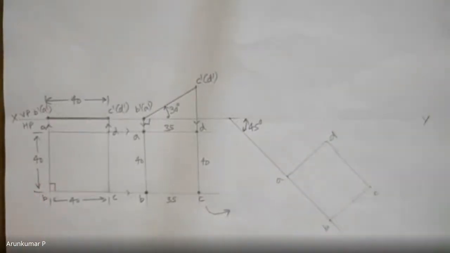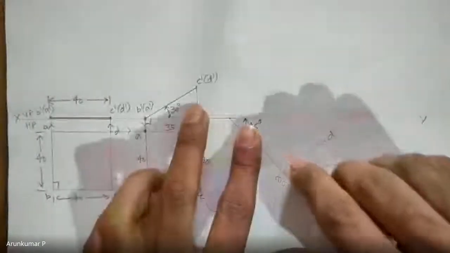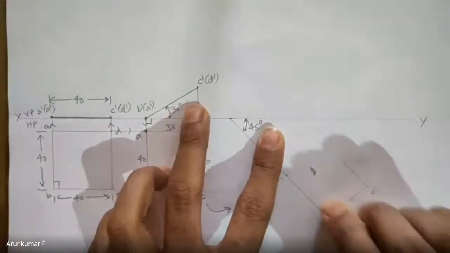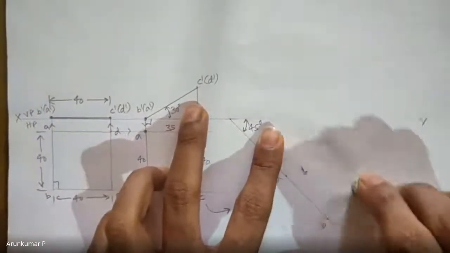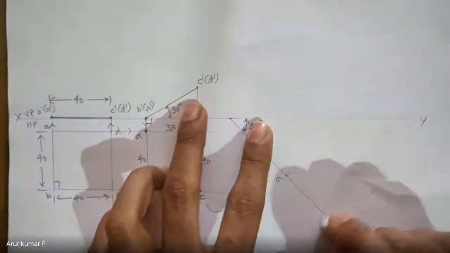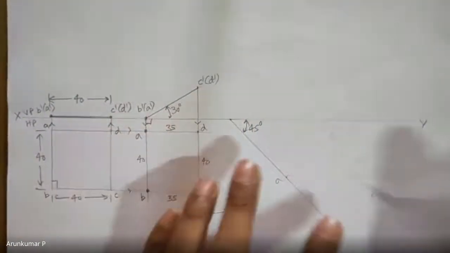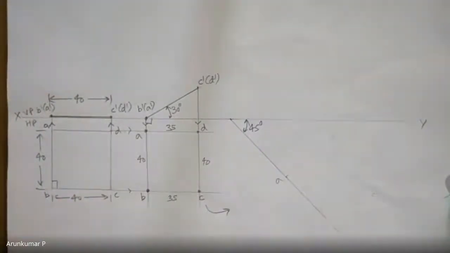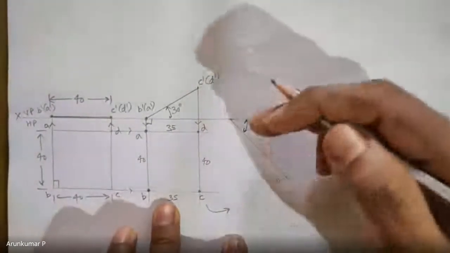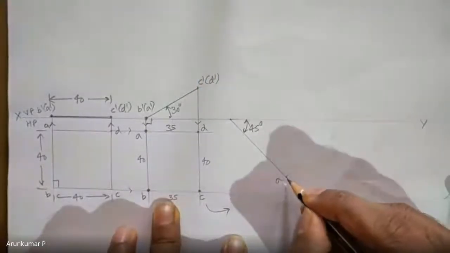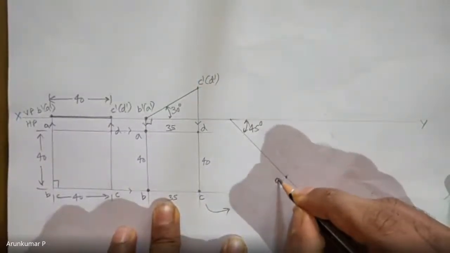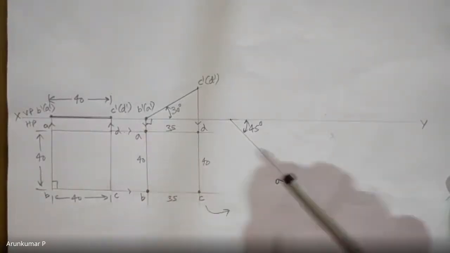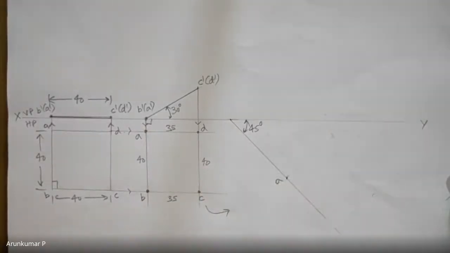Okay. Now how should you draw this? Some of you might already have started drawing, but I'll tell you how this has to be exactly drawn. First, after marking this 45-degree line, you have to come down a little bit and mark a point A. That is your starting point, because I want the edge AB, 40 mm, on this 45-degree line.